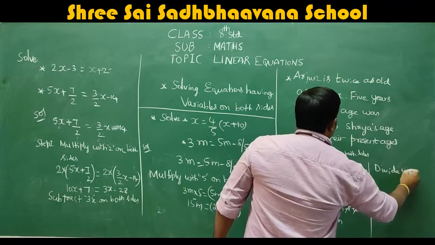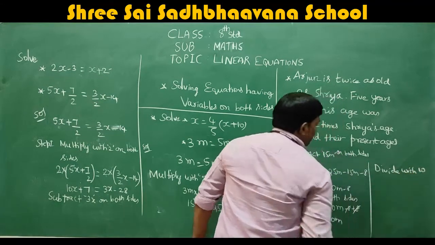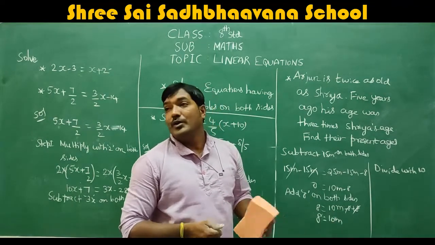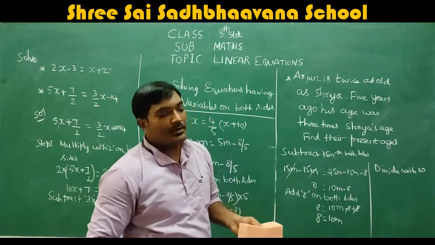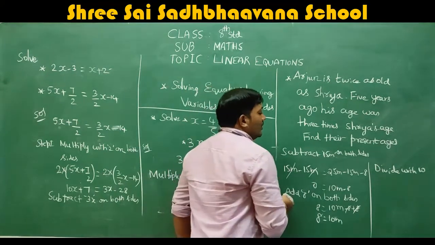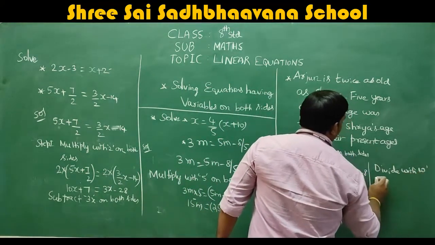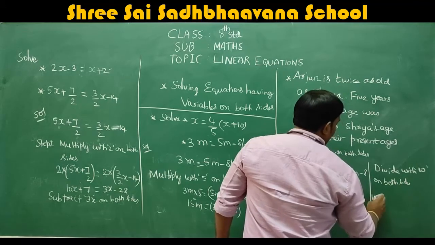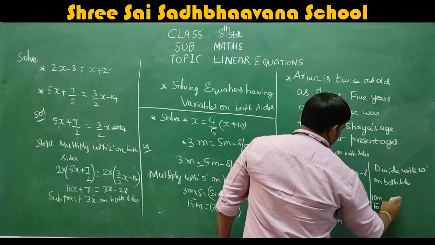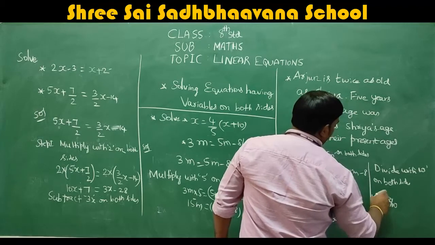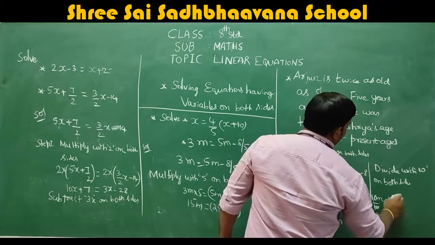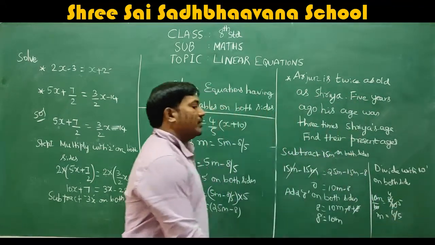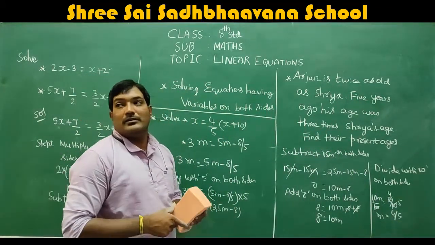Divide with 10 because we need m coefficient as 1. So to make m coefficient as 1, you have to divide with the multiple of m. So that we already discussed in the last classes of the same type, with 10 on both sides. So when you divide with 10, what do you get? 10m by 10 is equal to 8 by 10. So 10 will get cancelled. M is equal to 2 4s are 8, 2 5s are 10, which is 4 by 5. That is how you will get it.